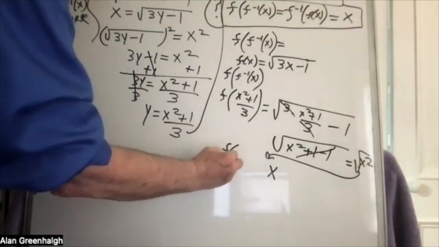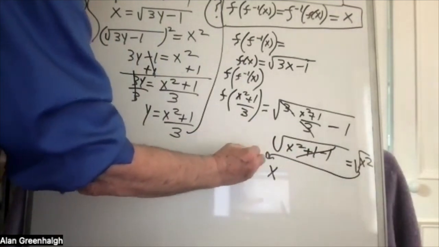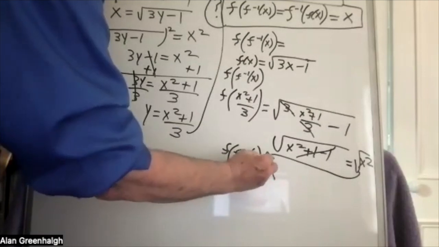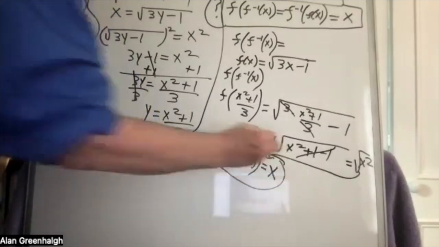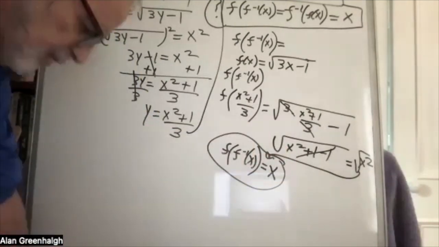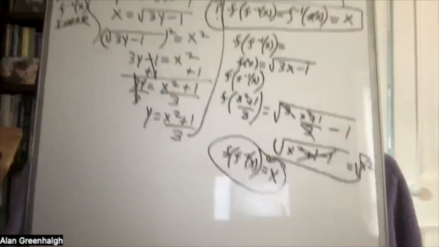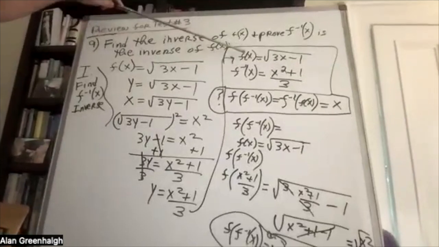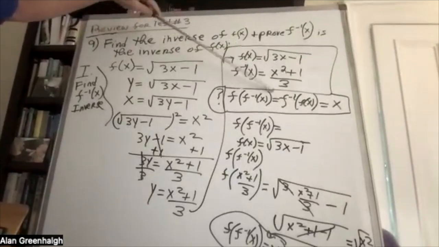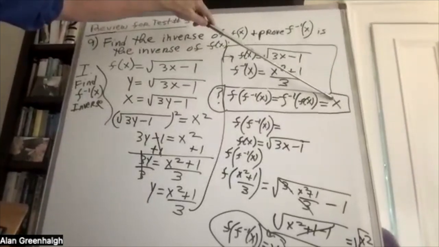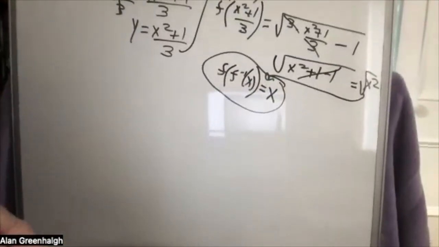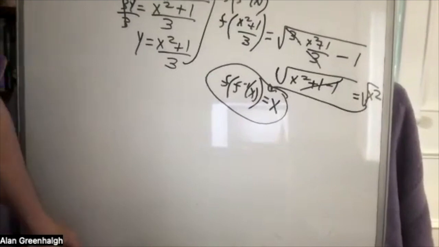That means that f of the inverse is equal to x. That's what we want, going back up on top here. We want this to equal x, and that's what we've just shown, that half of it works.